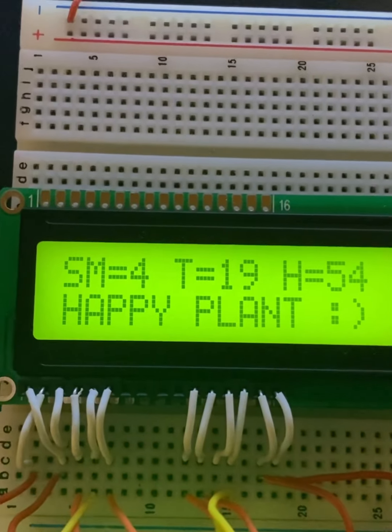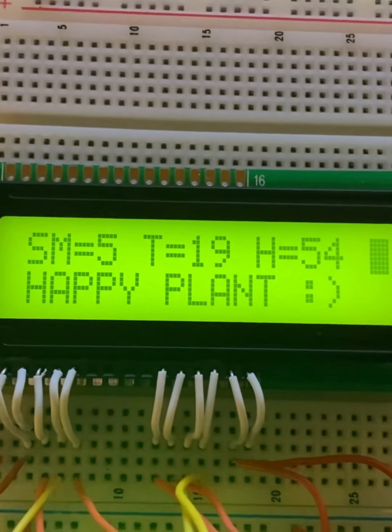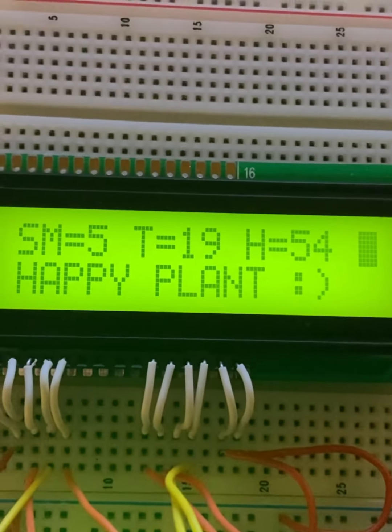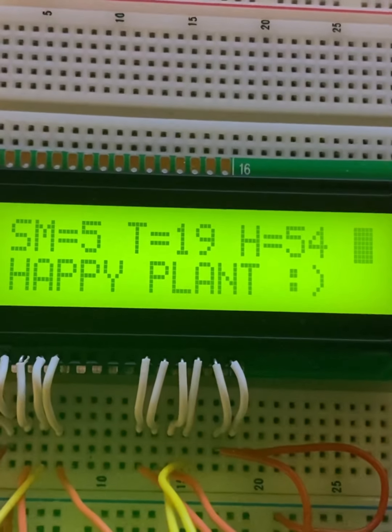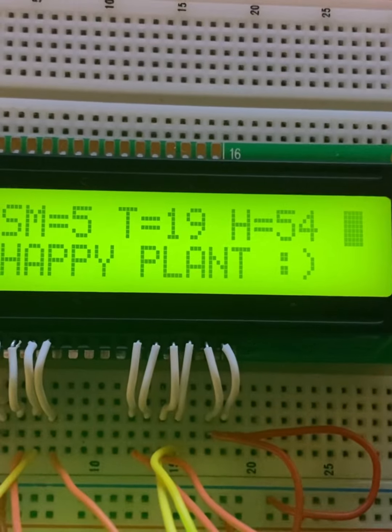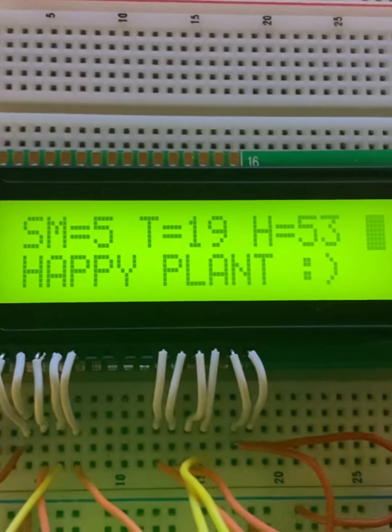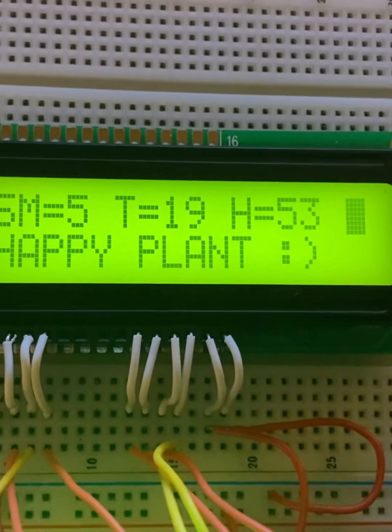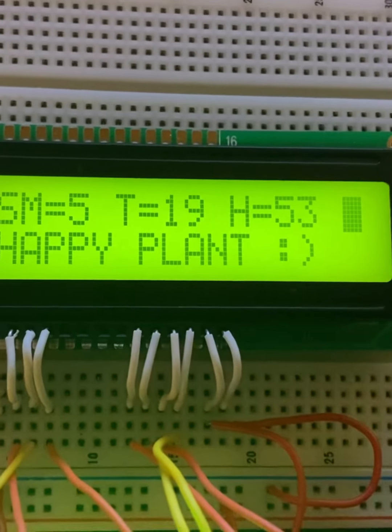I'm trying to get it just right. And I'm putting it in the ideal range, which shows that the soil moisture level is 5 because I'm just barely touching both probes. So of course the conductivity is somewhere at a medium.